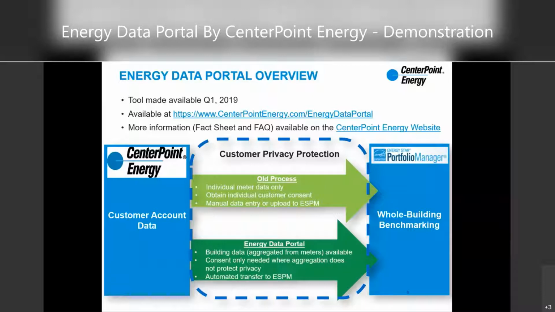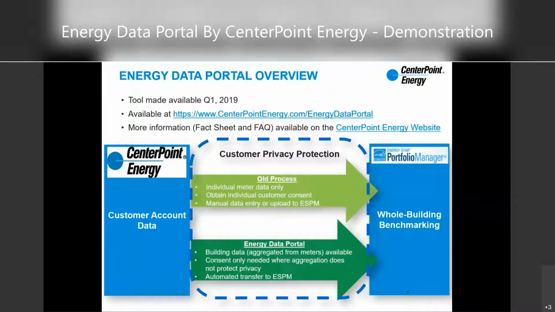On top of that, through this project, we developed a new privacy standard for aggregate data. So we now have a policy where consent is needed only where the aggregate data set does not meet certain requirements. And quickly, those requirements are that there need to be at least 4 meters in the data set, and not one of them can make up more than 50% of the total energy use.